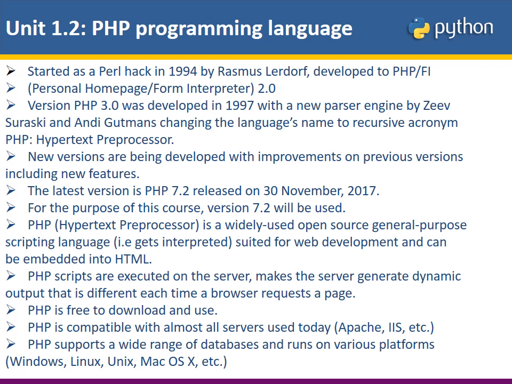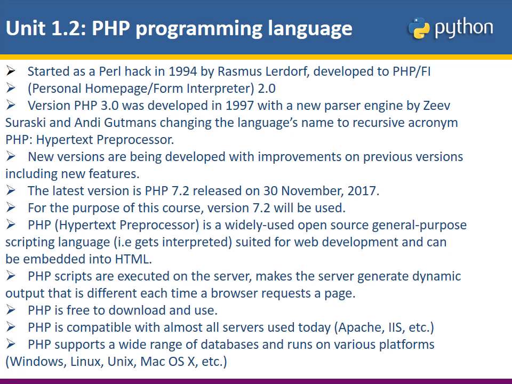We want to look at the PHP programming language: the author, the year it was developed, and the version, as we have looked into the Python programming language. The PHP programming language started as a Perl script in 1994 by Rasmus Lerdorf, which developed into PHP/FI, the Personal Home Page/Forms Interpreter.